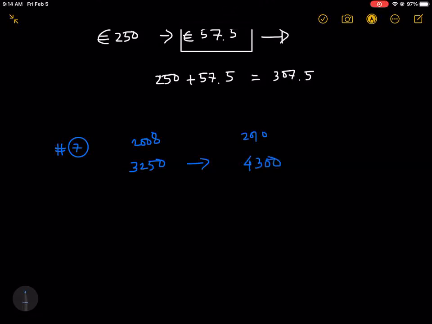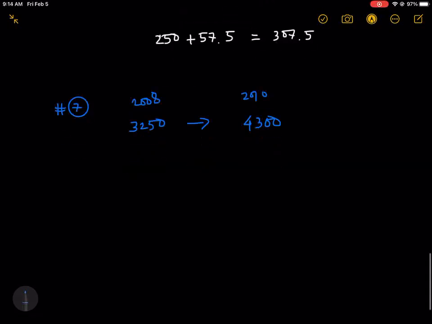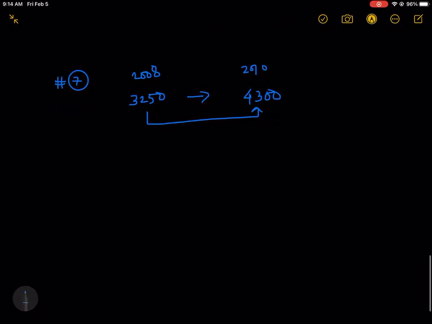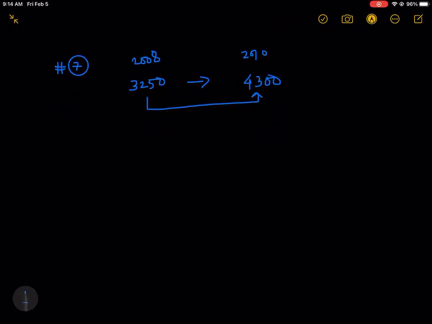So in 2 years it increased from 3250 to 4300. Now we want to find the absolute and the relative increase. How can we find the absolute increase? What's the formula for that?